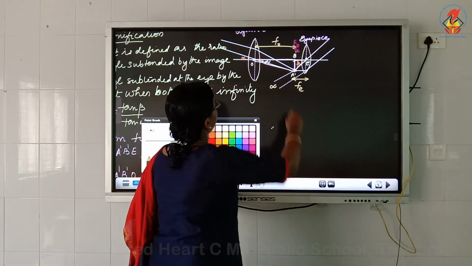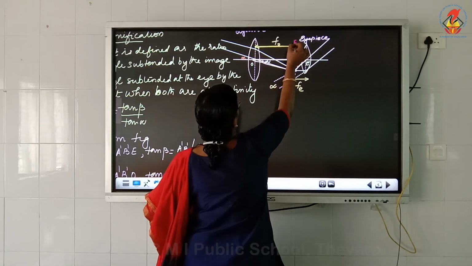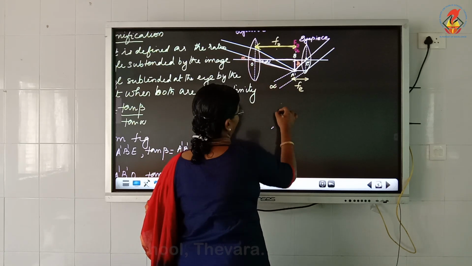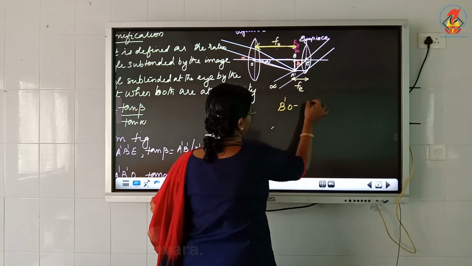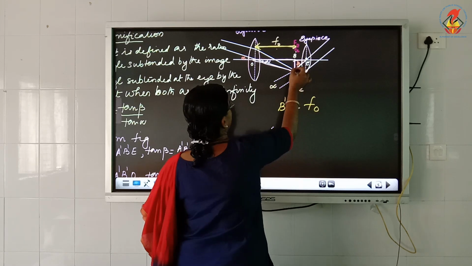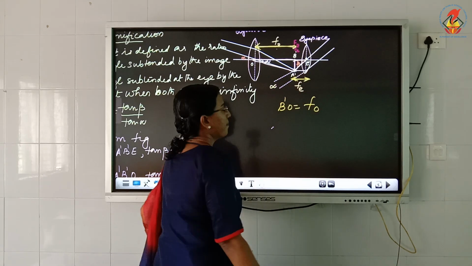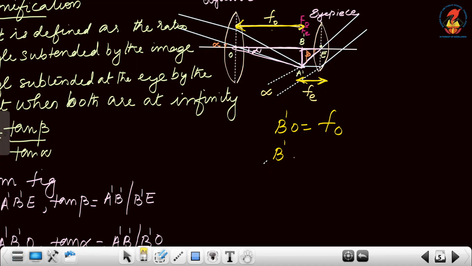Now B dash O, so this distance is B dash O, and what is B dash O? It is the focal length of the objective. So B dash O is equal to F0. And what is B dash E? It is the object distance of the eyepiece. So B dash E is equal to minus Fe according to the sign convention.